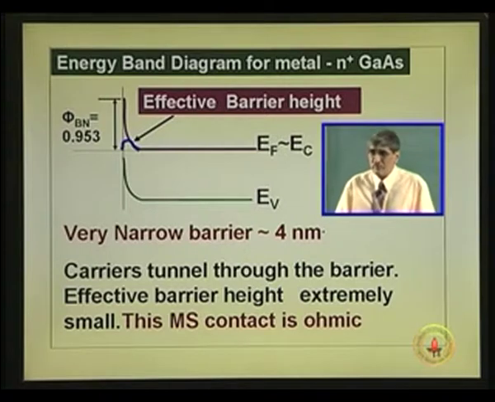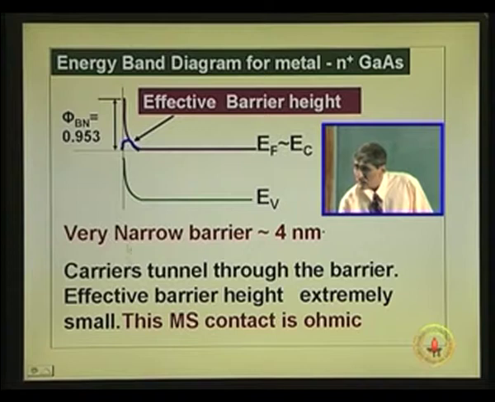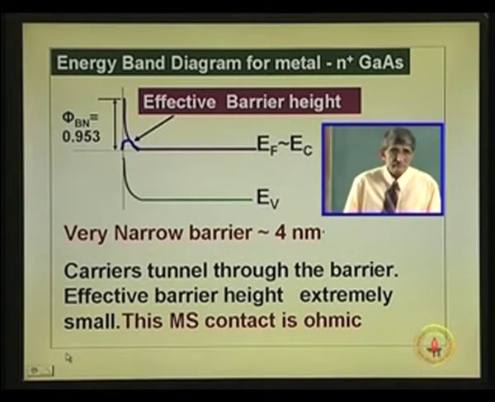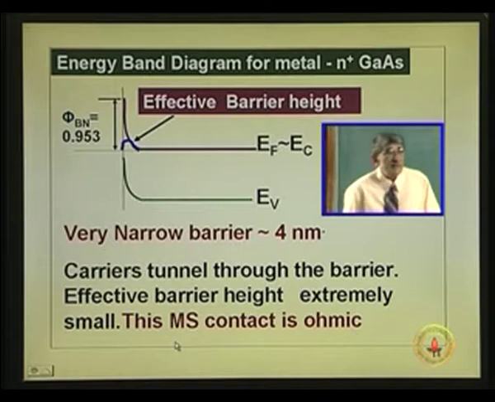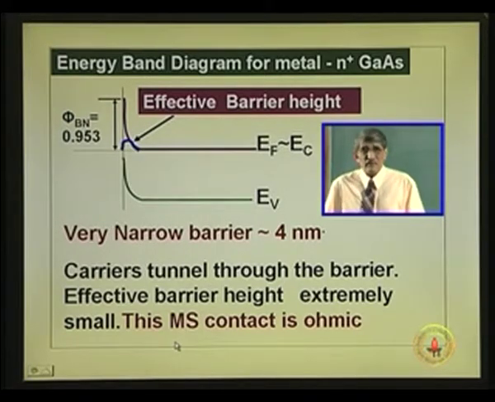So, for the electrons hardly there is any barrier. So, the carriers can tunnel through these portions, all through these portions, and the effective barrier height is extremely small. Okay. So, that is the key. When the effective barrier height is very small, immediately you can say, now this is ohmic contact.